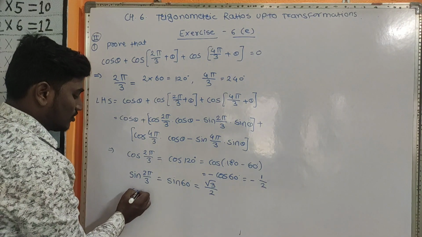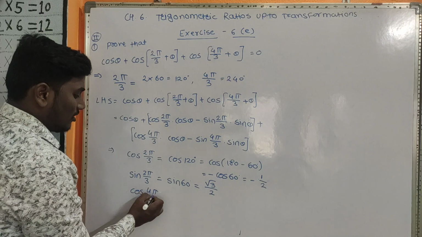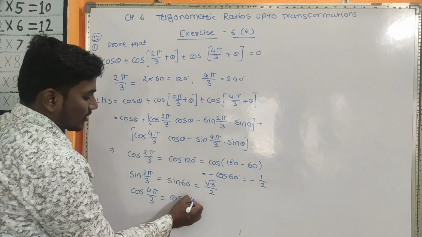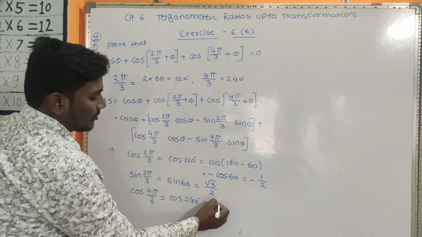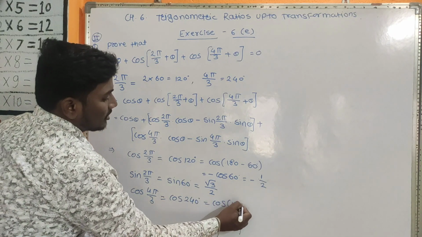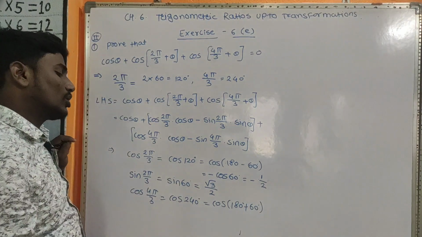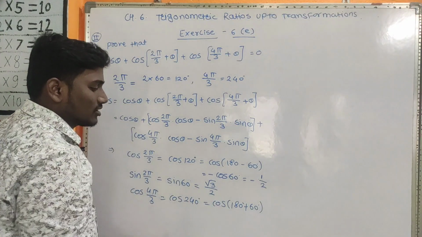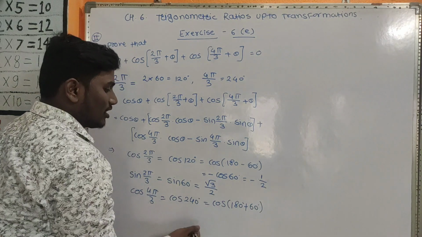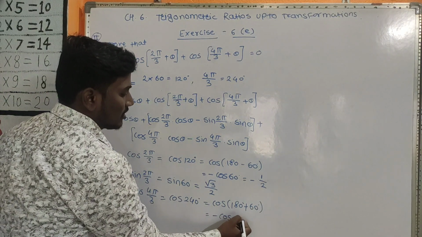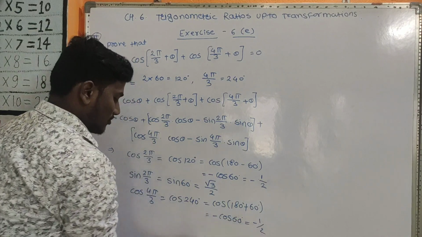And cos 4 pi by 3 is equal to cos 240. 240 is nothing but cos of 180 plus 60. Am I right? Which quadrant? Third quadrant, no transformation. In the third quadrant cos is negative. So we get minus cos 60 degree, which is minus 1 by 2.